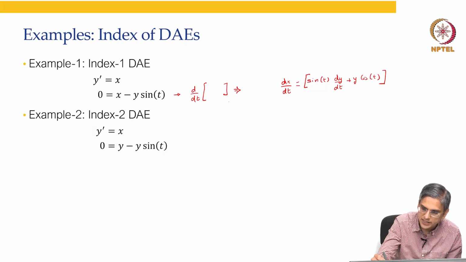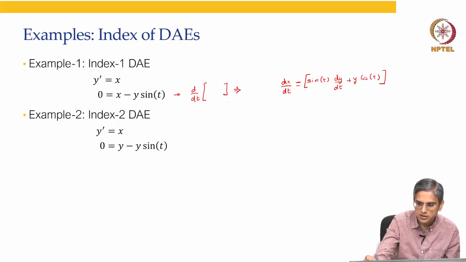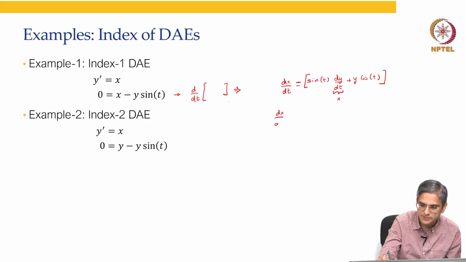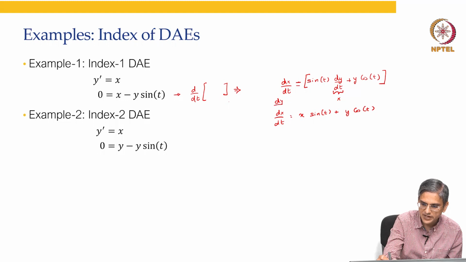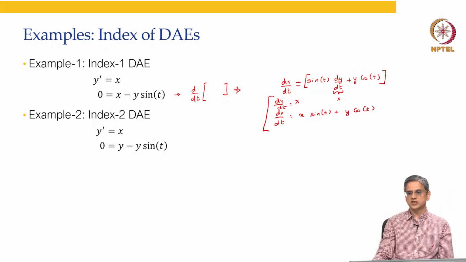Now, dy by dt is nothing but x. So, you have dx by dt equal to x sin t plus y cos t. So, dy by dt equal to x and dx by dt equal to x sin t plus y cos t makes it two differential equations in two unknowns. So, the index of the first equation is 1.